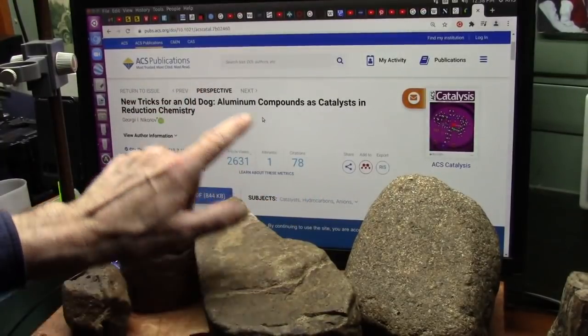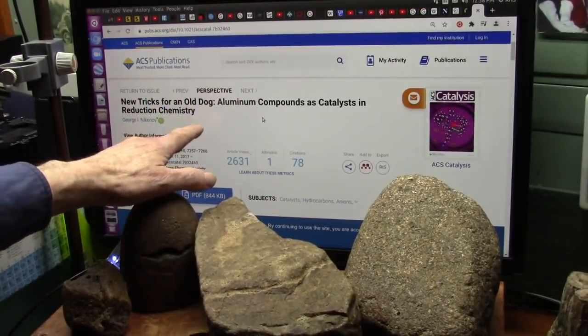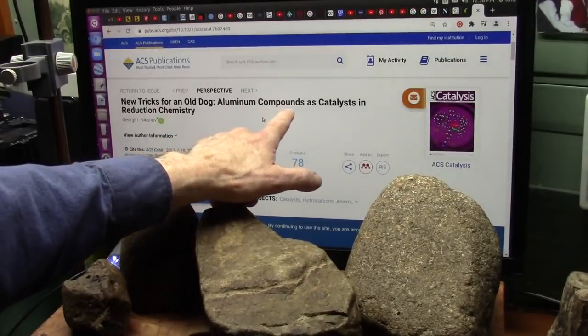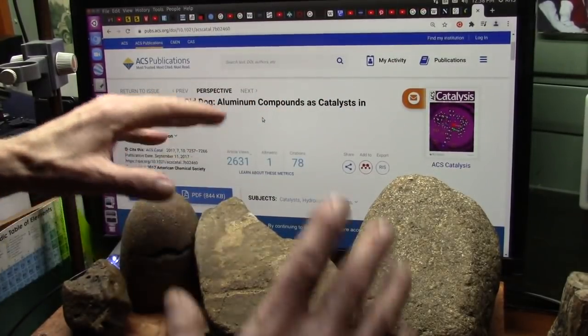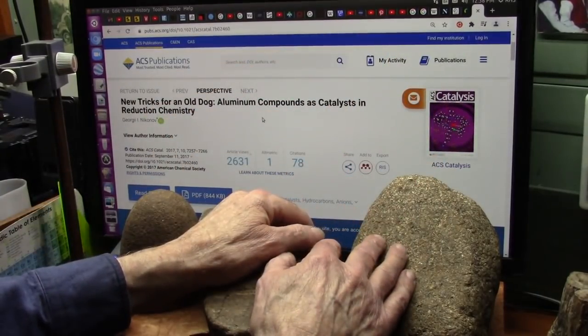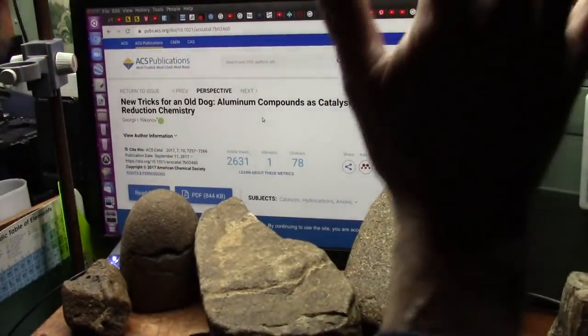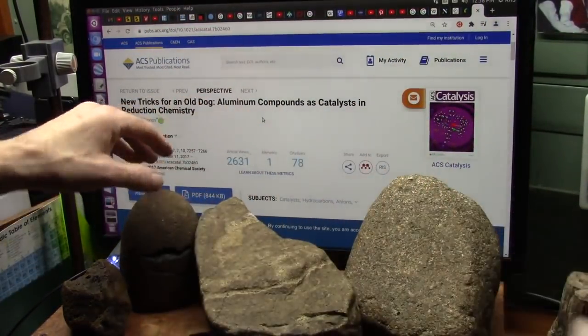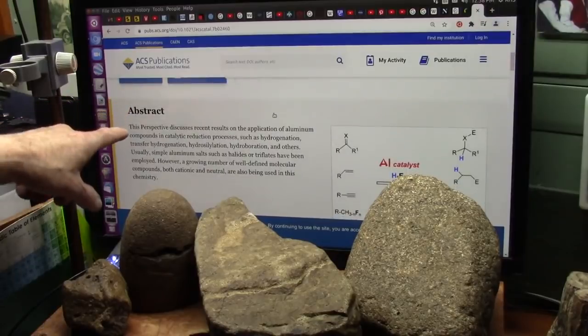So listen to this. New tricks for an old dog. Well, I'm an old dog, and this is new to me too. Aluminum compounds as catalysts in reduction chemistry. What is reduction chemistry? It means when you eat something, it's big chunks of things, and you want to reduce it down to its individual components. And this is what aluminum compounds do as catalysts.